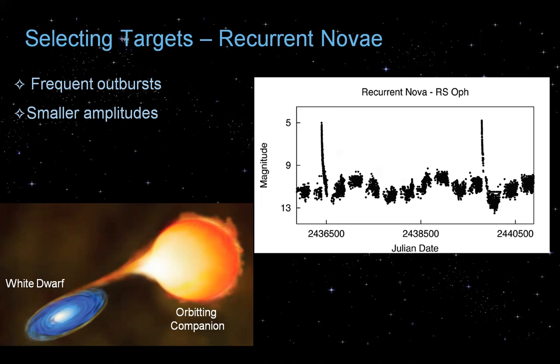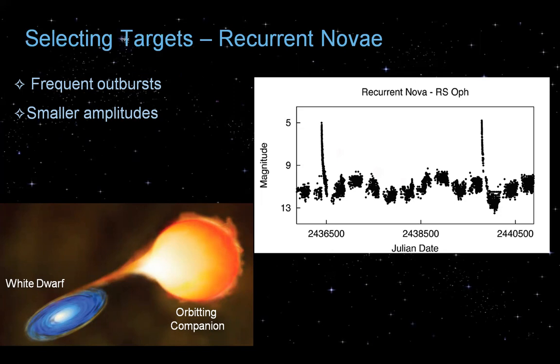And every now and then, enough of the orbiting companion's star matter, which falls onto the white dwarf on an accretion disk, builds up on the accretion disk to enough temperature and density that a fusion explosion results. And the star will go nova.